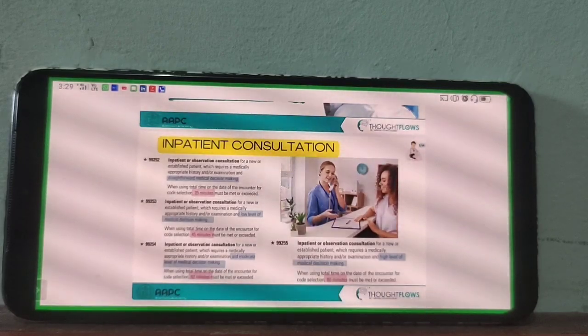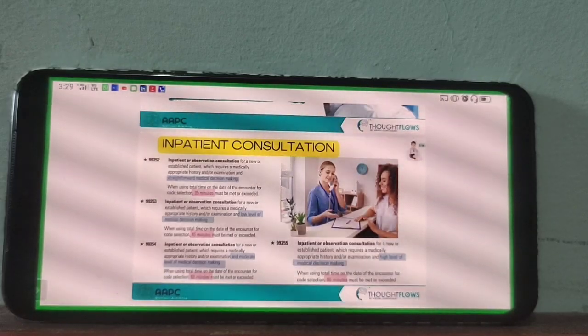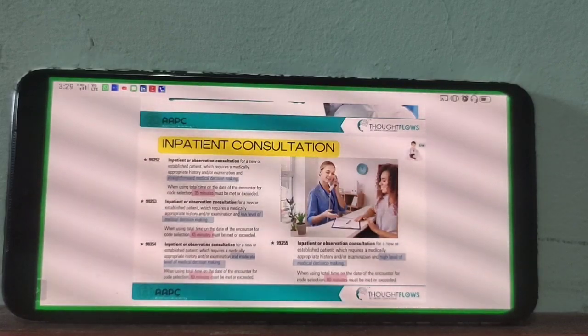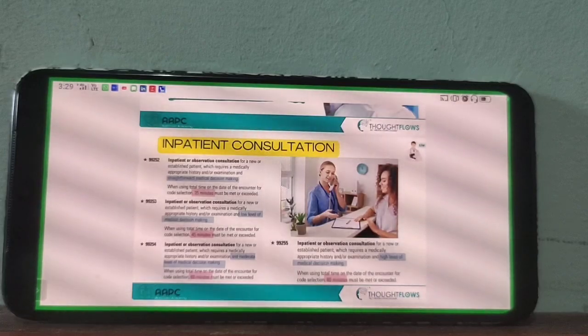What is important to understand in our document for consultation? Time is the thing to select the code level. I am asking how to easily identify that the report is a consultation report.